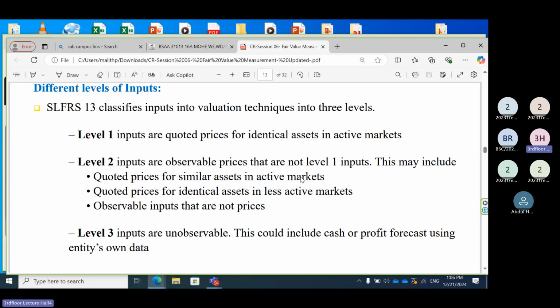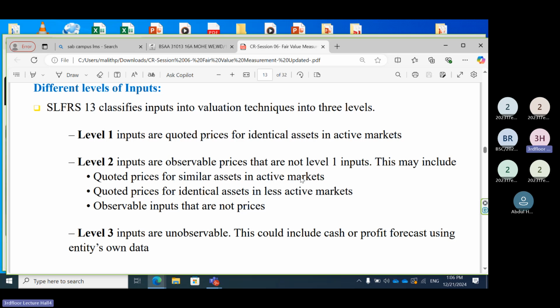That purely depends on the inputs we are using for the valuation, whether we are using observable inputs or unobservable inputs. Whether it is a level 1, level 2 or level 3 valuation is decided based on the method and the inputs we use.